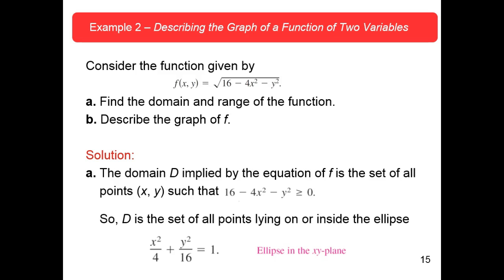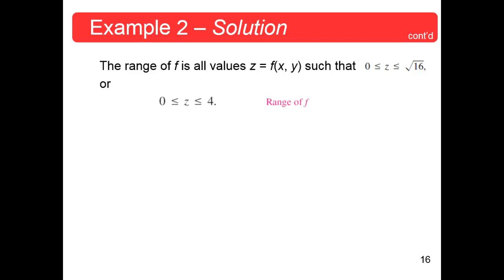The equal to would be the ellipse in the xy plane. Major axis on the y-axis, minor axis on the x-axis: minus 4 to plus 4 on the y-axis, minus 2 to plus 2 on the x-axis.